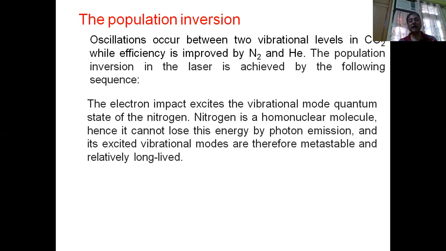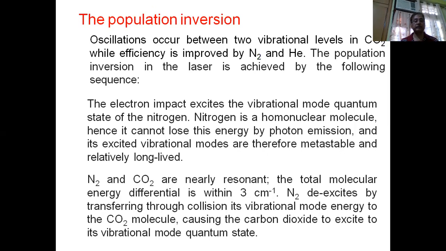The electron impact excites the vibrational mode quantum state of nitrogen. Nitrogen is a homonuclear molecule, hence it cannot lose this energy by photon emission. Its excited vibrational modes are therefore metastable and relatively long-lived.